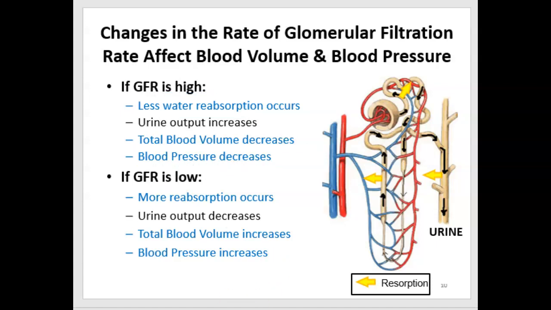If glomerular filtration is low, in contrast, remember the fluid moves really sluggish, goes through the nephron really slowly. Now we get more reabsorption, and so our blood volume could possibly increase. Or you get edema, but blood volume will probably increase, and therefore blood pressure will increase. So there's a link between kidney function and blood pressure.